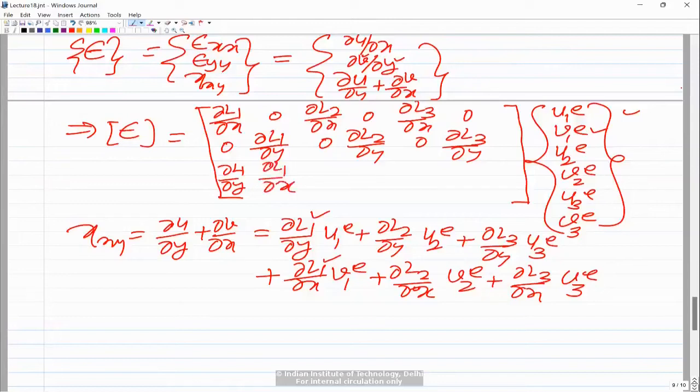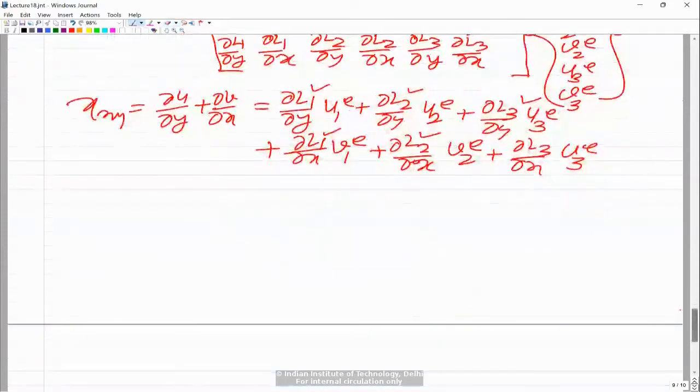And then similarly, the coefficient of u2 is del L2 by del y, the coefficient of v2 is del L2 by del x, the coefficient of u3 is del L3 by del y, and the coefficient of v3 is del L3 by del x. So yeah, this is what you have as the strain displacement matrix.